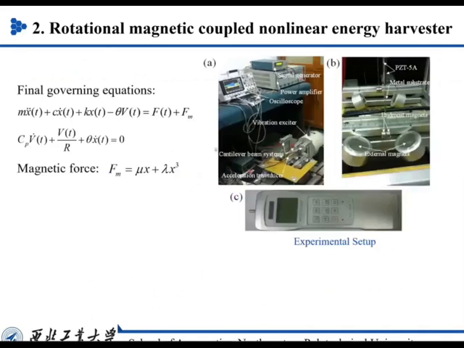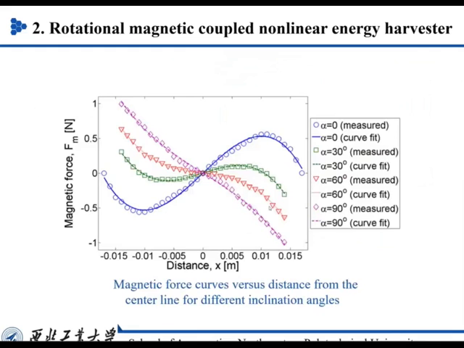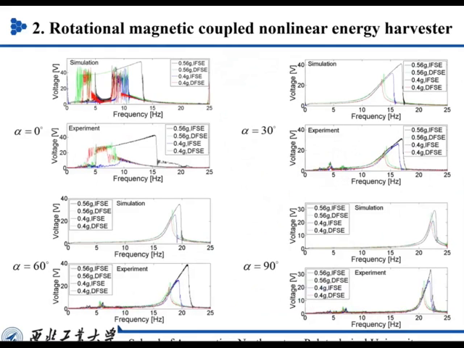If we move F_M from the right side to the left side to combine with Kx, that means the nonlinear equivalent restoring force will change as the inclination angle changes. In simulation and in experiment, we also verified this.